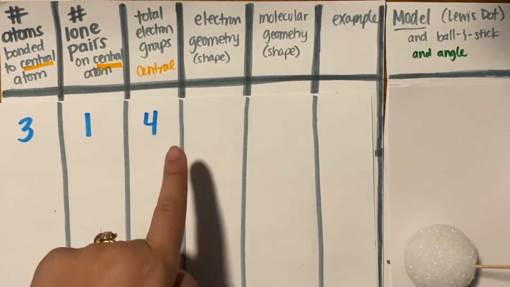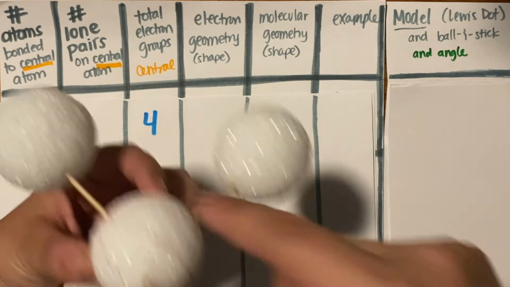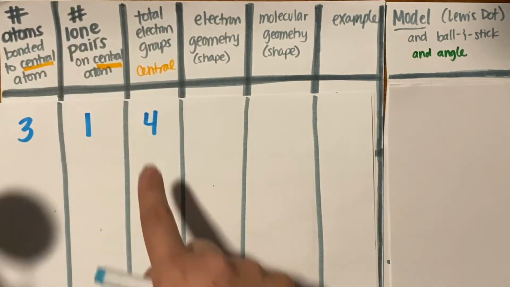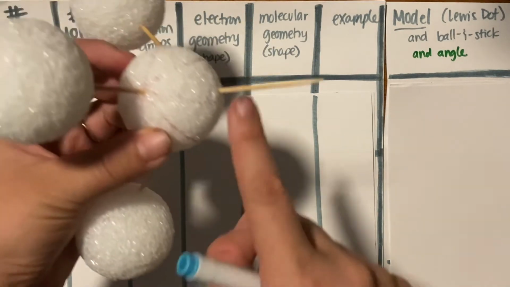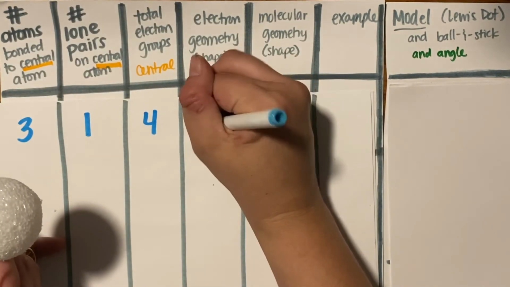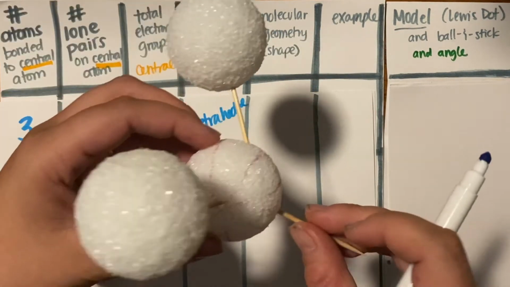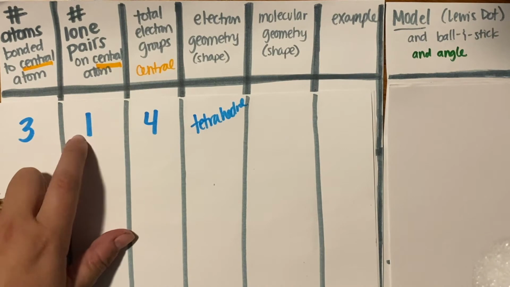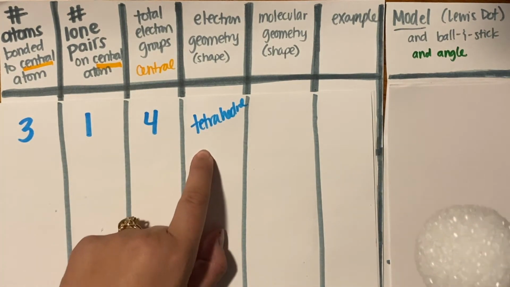So now your electron geometry, all right? Well, what shape do all of your electrons take? They take the same shape that we had before. They take a tetrahedral shape. Your electrons are still going to be in that tetrahedral shape. However, this is where it actually gets interesting. When your lone pair is not 0, you're going to have a different molecular shape than your electron geometry, okay?